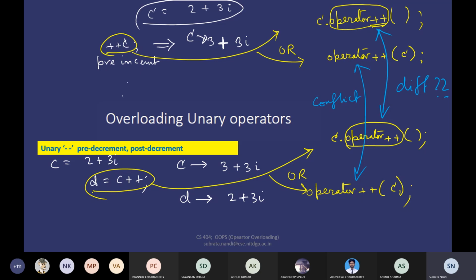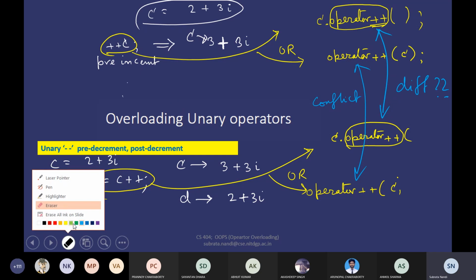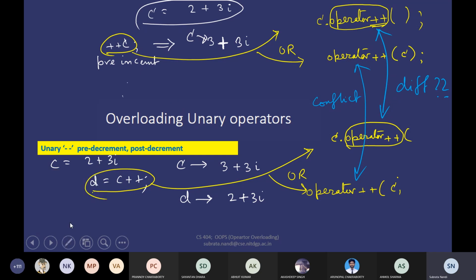Rather, the easiest way to do this is, because if you have to rethink it, it will be a complete mess. So the best thing may be that here you pass a dummy integer value and here you also pass a dummy integer value. Are you getting the point?